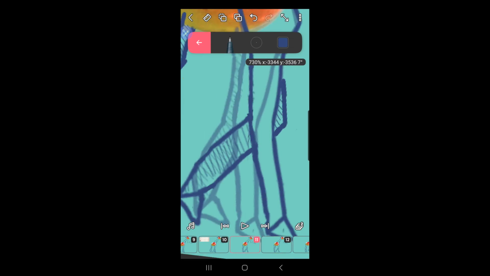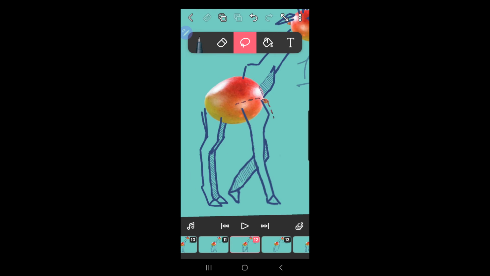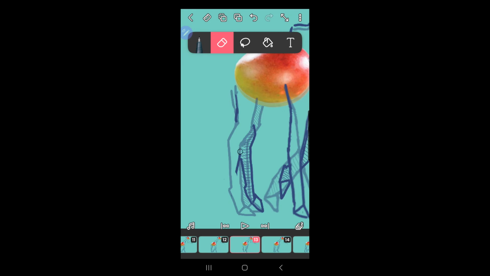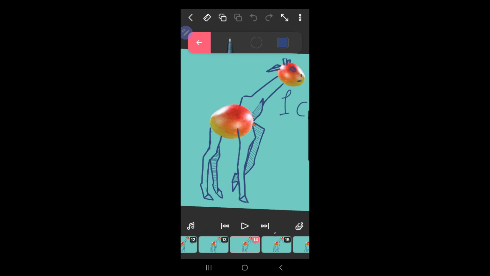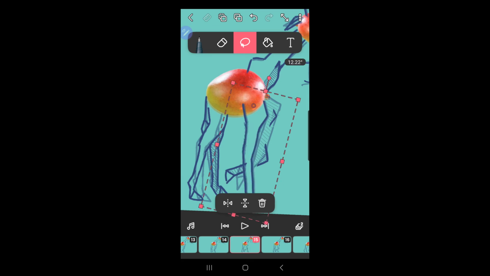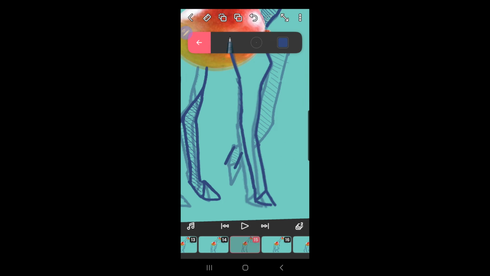Again, constantly checking your work and readjusting. That is a really good thing to do, is to fix your work instead of being lazy. And I like to do a very simple thing of just shading the back legs and calling it good.